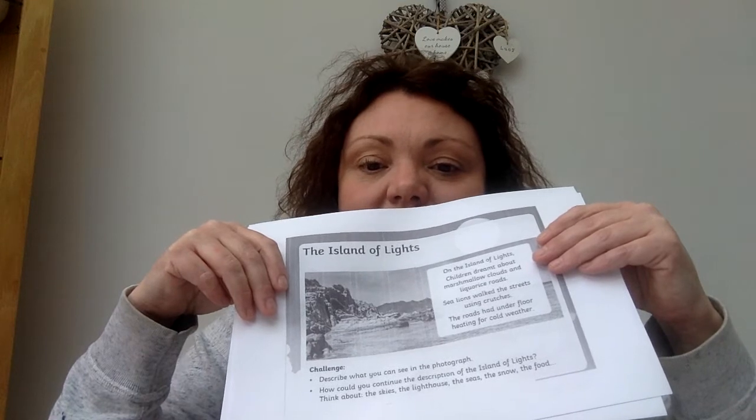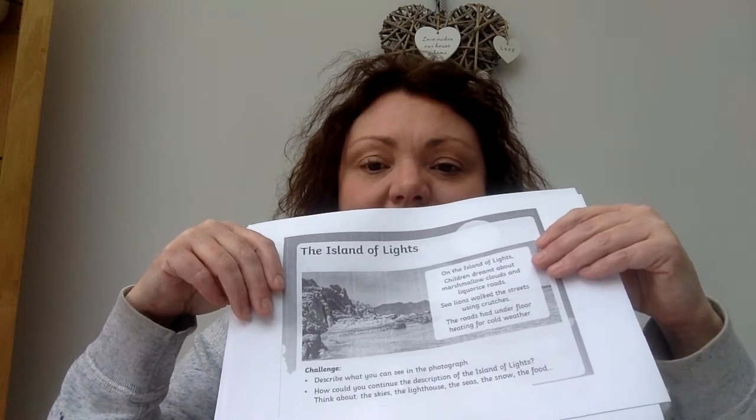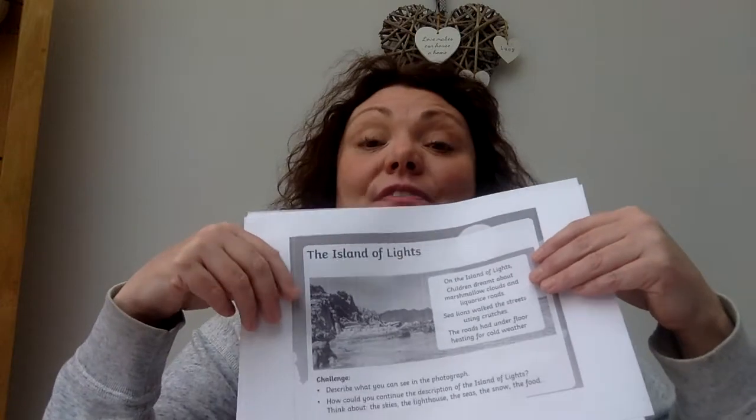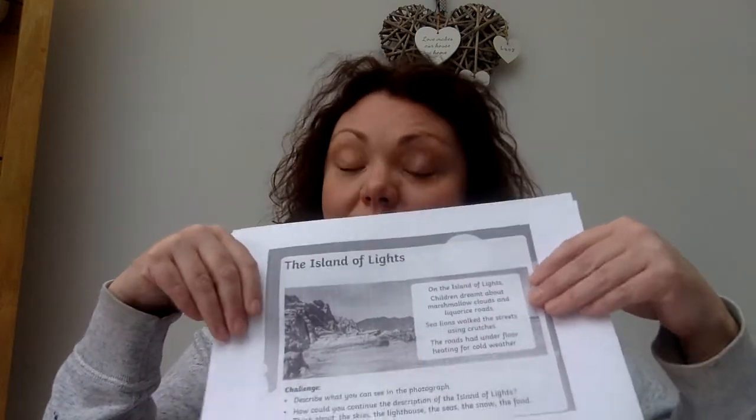Think about the skies, the lighthouse, the seas, the snow, the food. So really describing the setting. Let your imaginations run wild again. Like we've said all week, you've got the best imaginations ever, so it would be really great for you to be writing about the Island of Lights. So you might decide to choose that one.